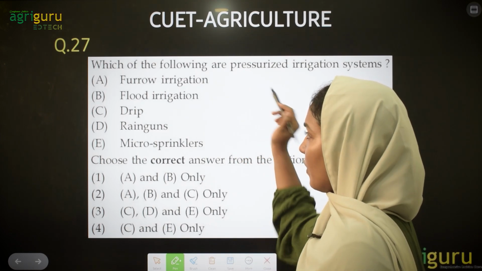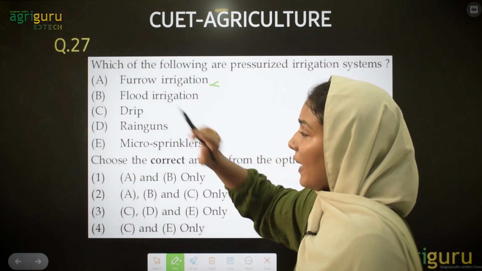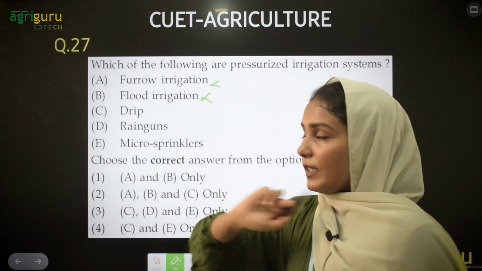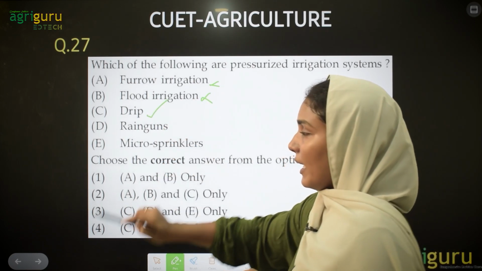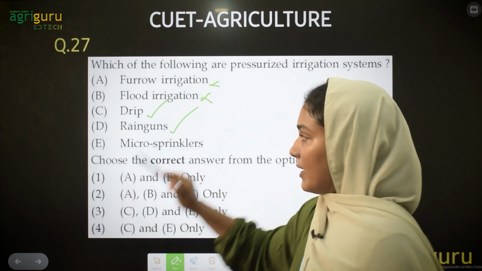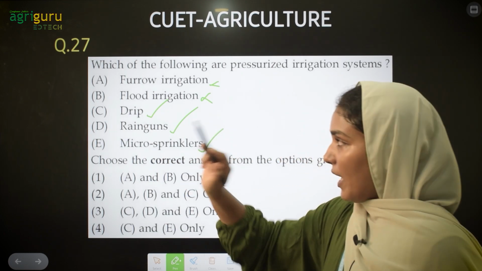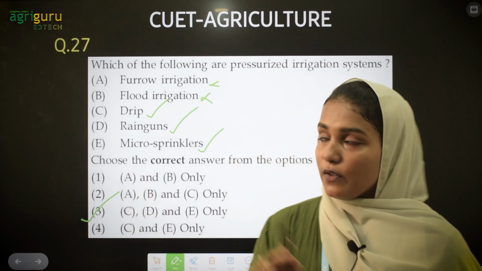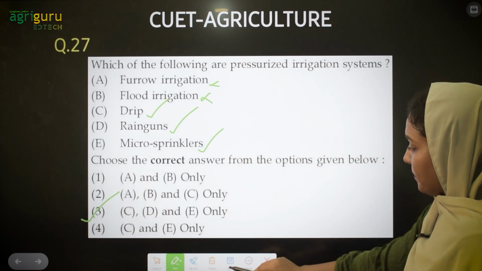Furrow irrigation is not a pressurized system. Flood irrigation is not a pressurized system. Drip irrigation, yes, it is a pressurized system. Rain guns are also pressurized systems. Micro sprinklers are also pressurized systems. CDE, option number 3 is the right answer for question 27.